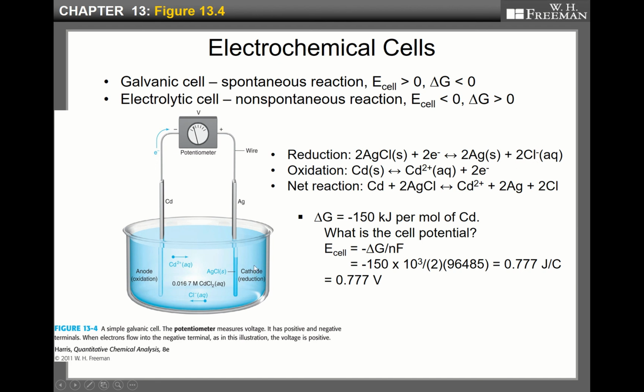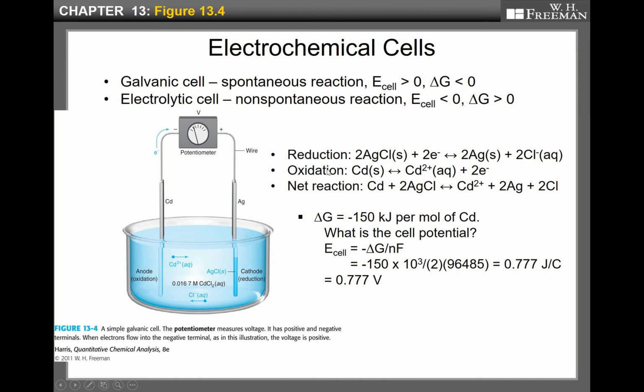But what about the anode? This cadmium is oxidized. Since this is the anode, the cadmium metal becomes oxidized to cadmium ion, releasing the electrons. Then the total reaction is that you combine this reduction and oxidation together.